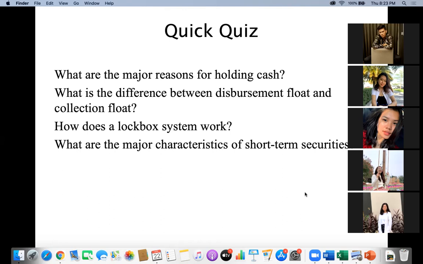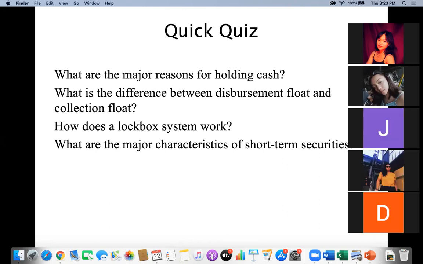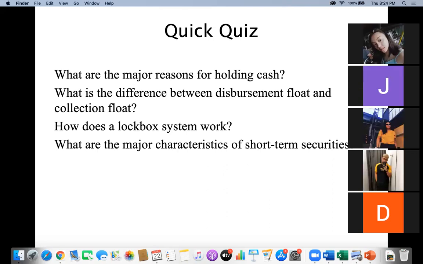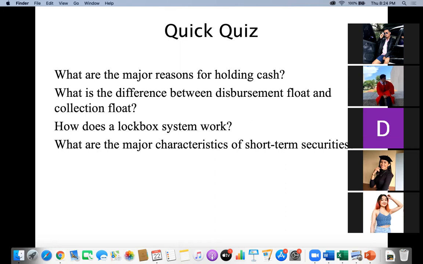So in terms of the float, ano ang ating objective? What would be our objective if we have float in terms of disbursement or float in terms of collection?